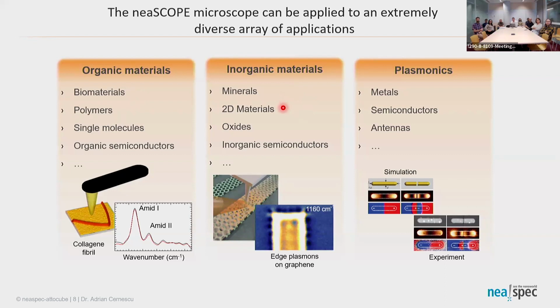It's an important class, but also study and map electric fields in metals, in antennas. But I think this is a topic which is not so interesting for the audience. So I will present mainly these applications on organic and inorganics. But basically, any AFM ready sample which has a roughness of less than a few micrometers can be imaged with this microscope.